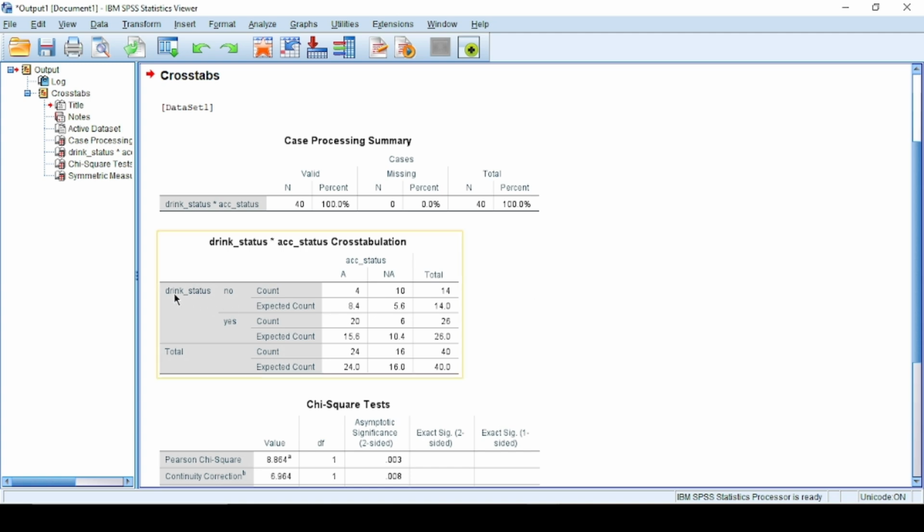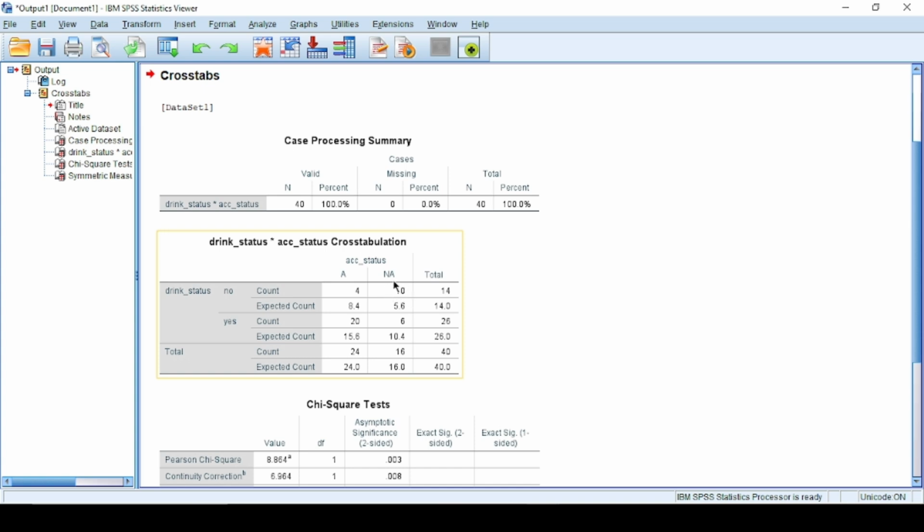If you can see, the table is made for us, the drink status. How many persons have not drunk alcohol and met with an accident? This number was 4 in observed value. Then how many people have not drunk alcohol and have not met with an accident is 10.